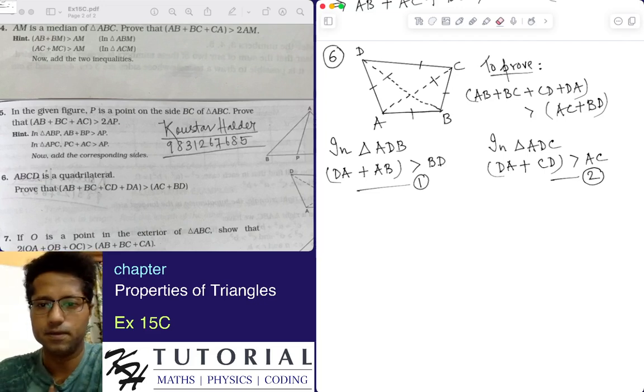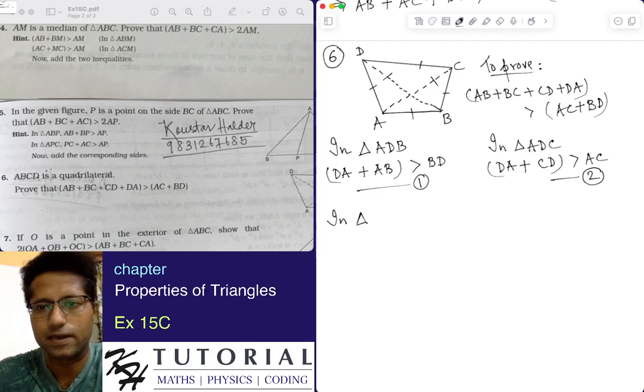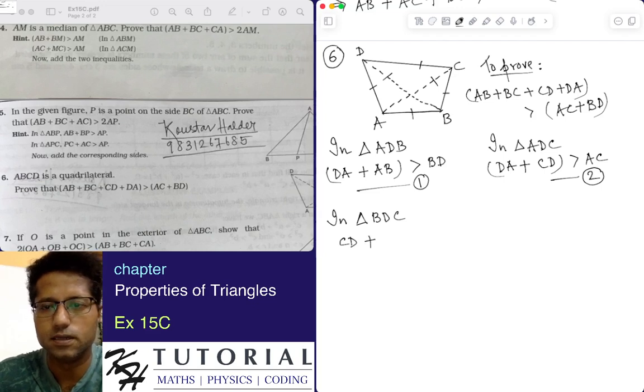One is triangle ADB, another is triangle ADC, and we can consider the triangle BDC. In triangle BDC we will have CD plus BC greater than BD.